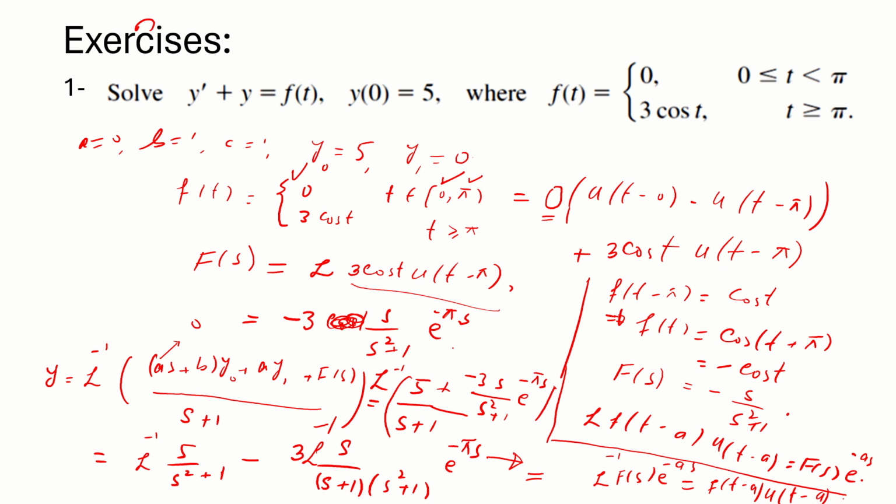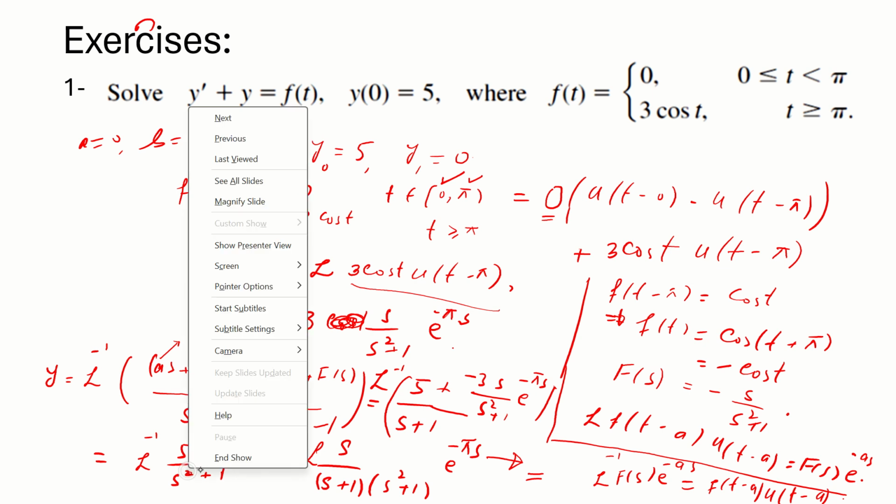So now all you need to do is find the partial fraction of this function 3 divided by (s plus 1)(s square plus 1), whereas this is simple, it is 5 divided by s plus 1. Sorry, it's not s square.